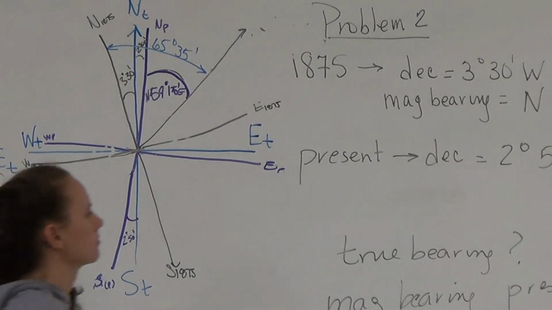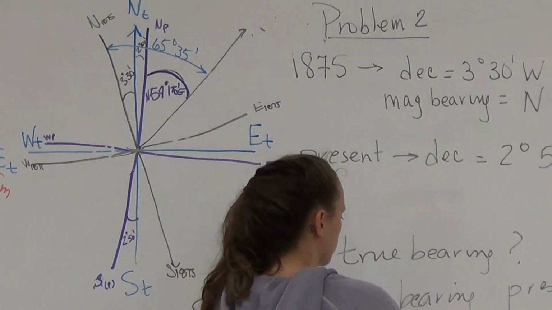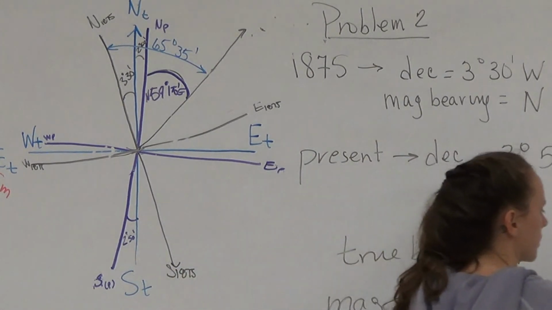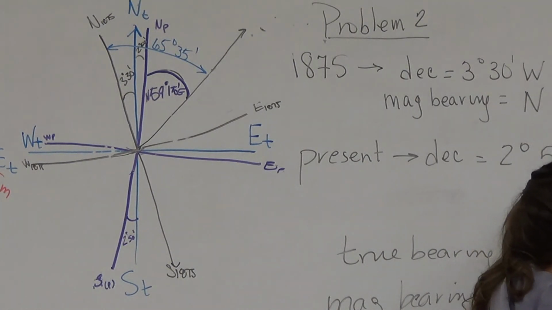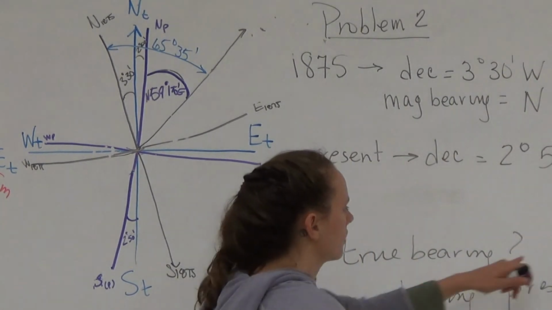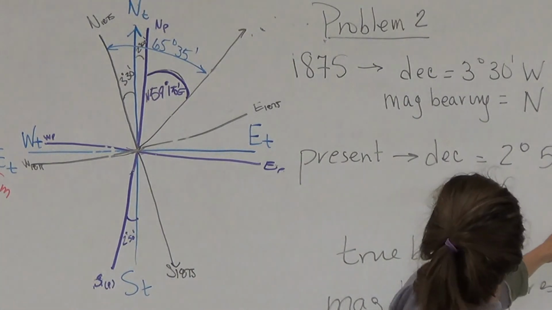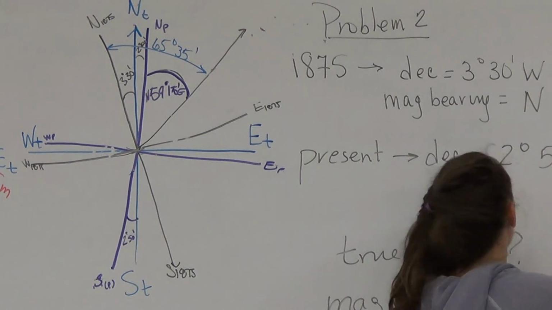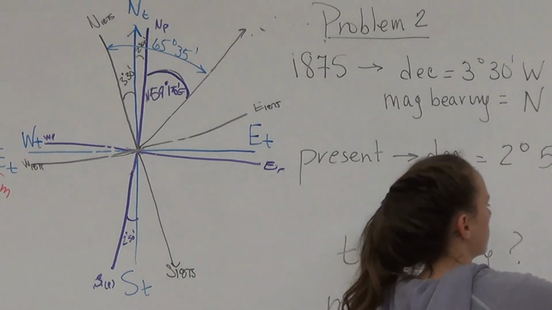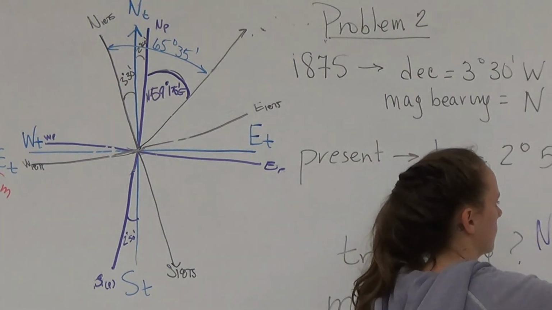So magnetic bearing presently would be north 59 degrees, 15 minutes east, right? And then for the true bearing, that would be 62 degrees, 5 minutes. Just add the 2:50. 62 degrees, how many minutes? 5 minutes. Northeast. Great.